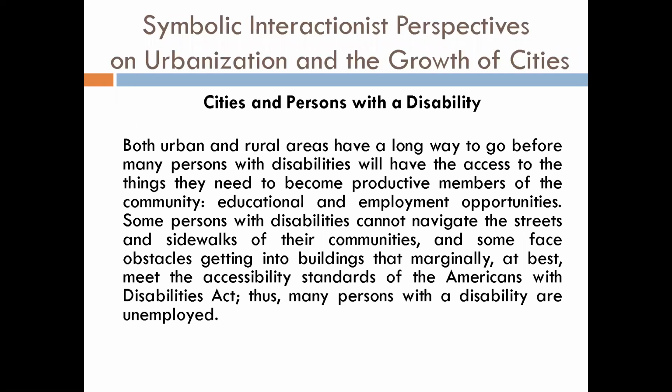And cities and persons with a disability, it is the final discussion. Both urban and rural areas have a long way to go before many persons with disabilities will have access to the things they need to become productive members of the community. It is very important in two aspects, education and employment opportunity.